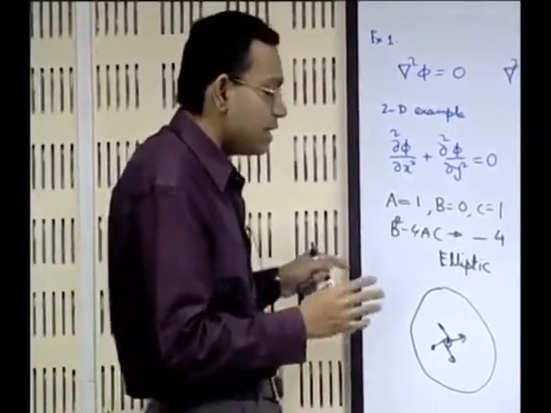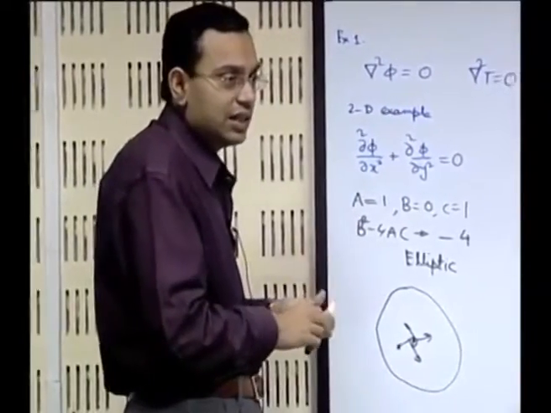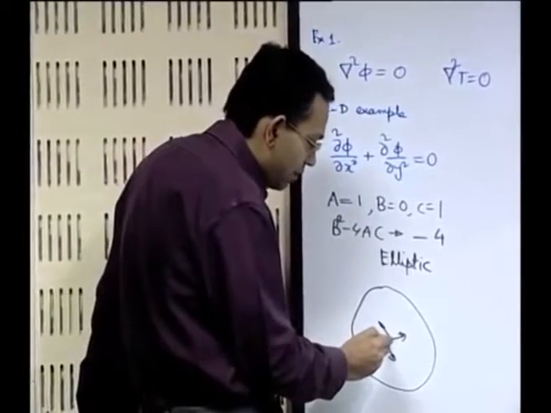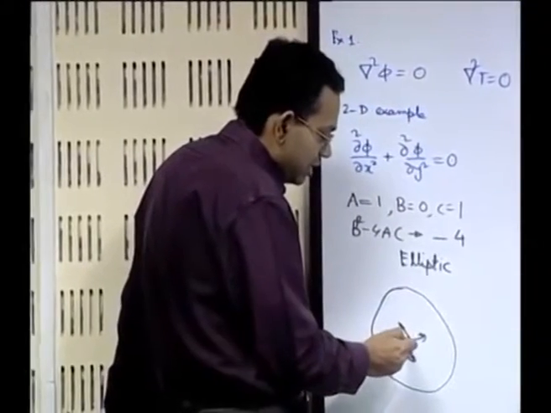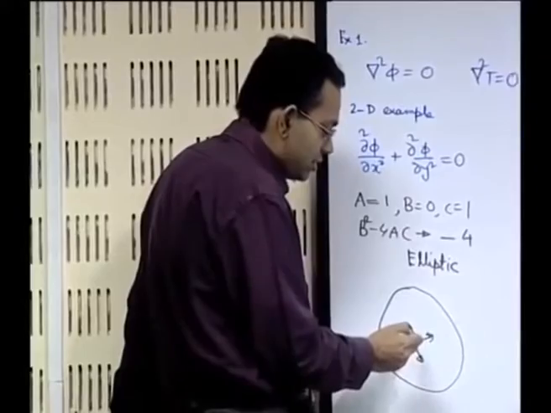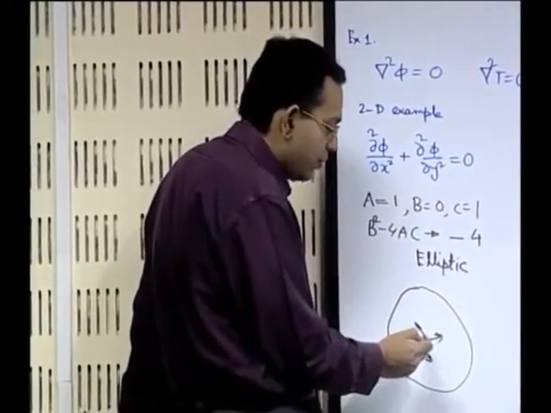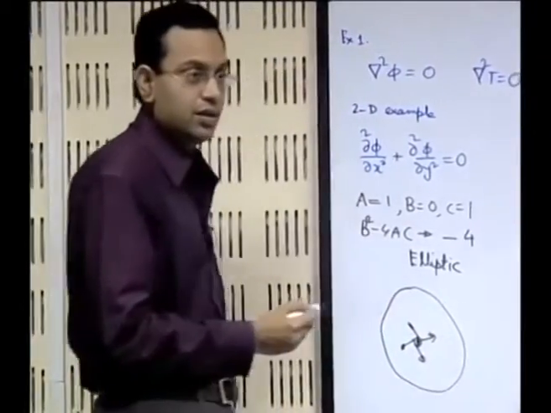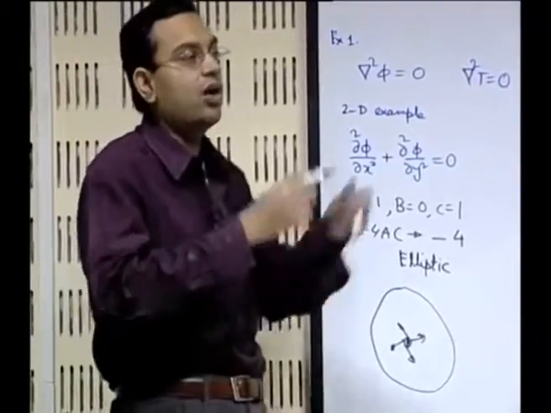If you are considering a numerical solution strategy, you have to be careful that the temperature at a particular point should be influenced by all its neighbors, because the disturbances propagate in all directions.